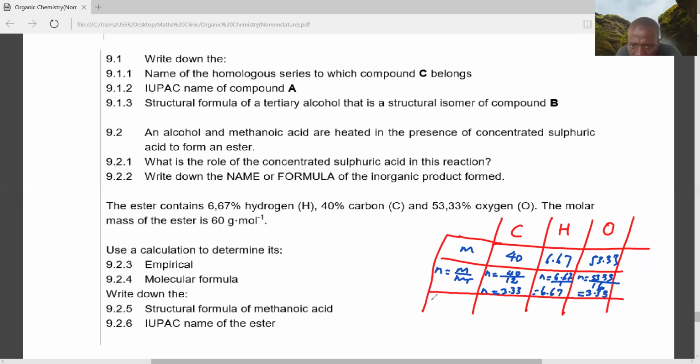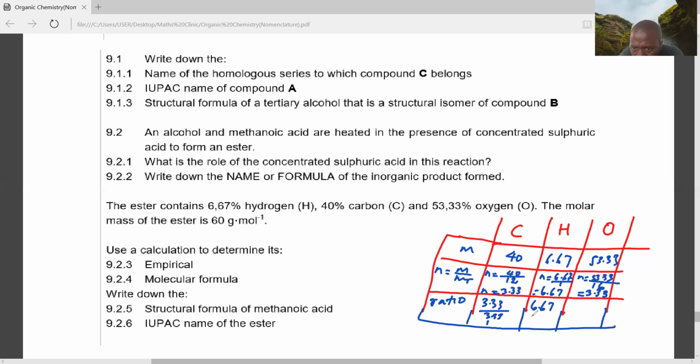Now we get a ratio by dividing by the smallest number of moles. The smallest is 3.33, and 3.33 divided by 3.33 is 1.